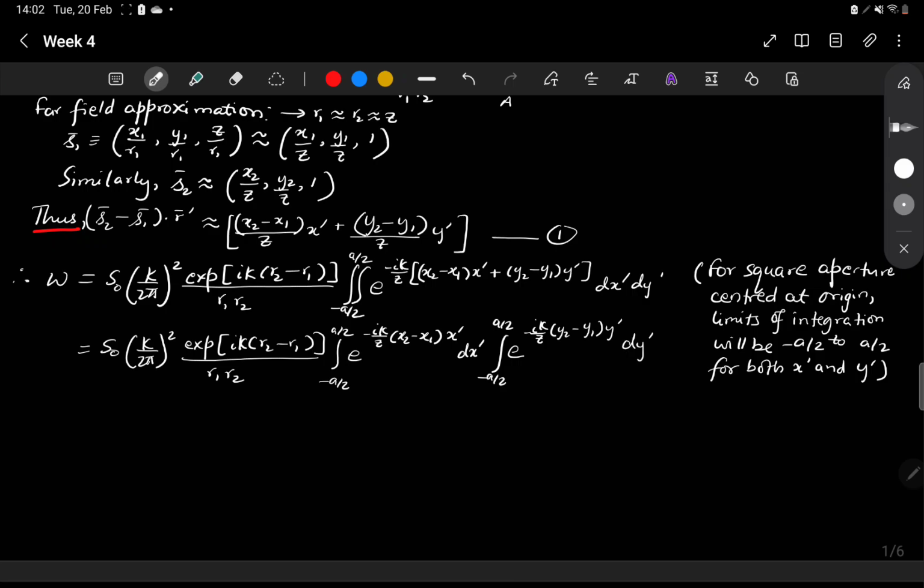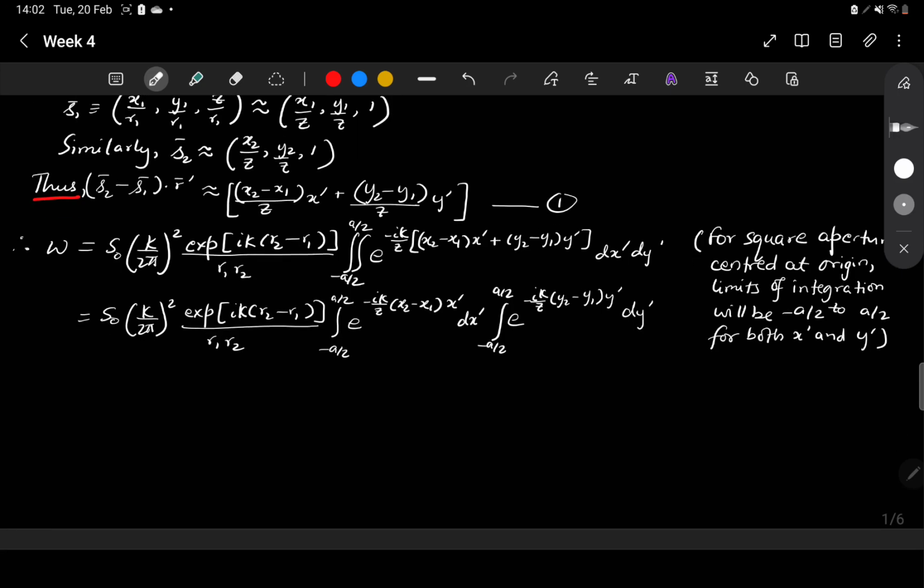Now let us look at this integral of this exponential. Let us see what it reduces to finally, because our given integral is also of similar form.